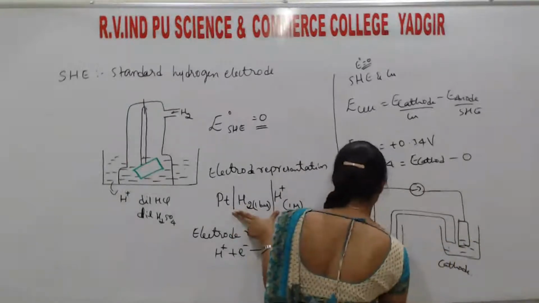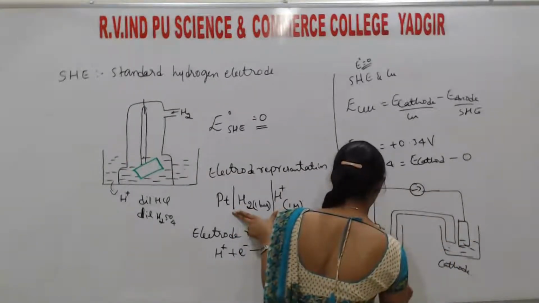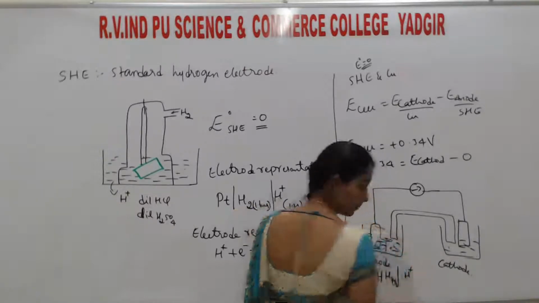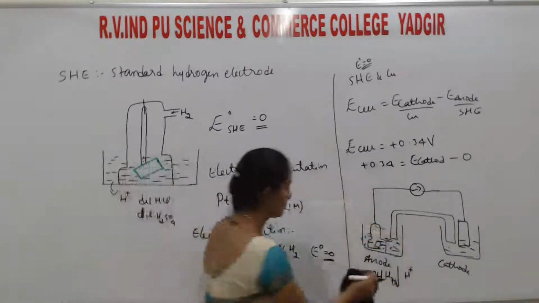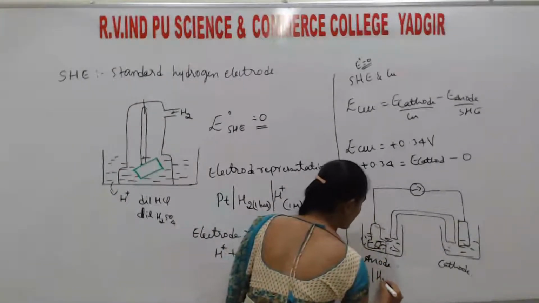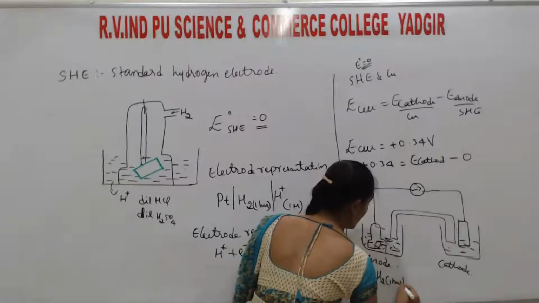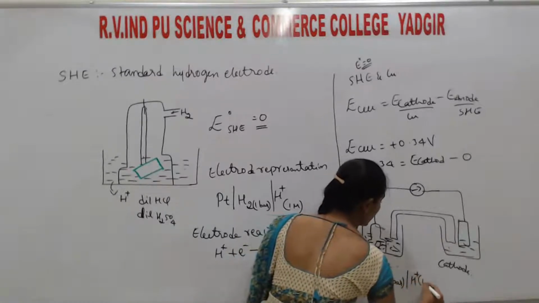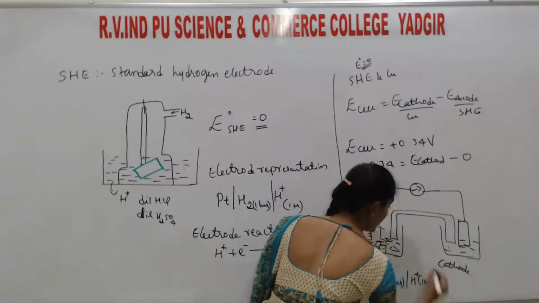Platinum bar H2, that is 1 bar, slash H plus, that is 1 molar. Here the salt bridge.